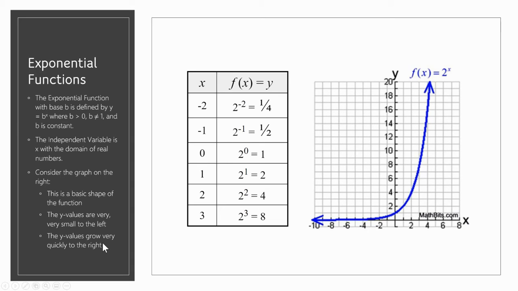But the y values grow very quickly when I go to the right. So if you're at 0 and you go to 3, okay, from 0 to 3, you go from your y value being 1 to 8, okay? And then your next y value would be 16, then 32, then 64. We're climbing off the graph, okay, very, very quickly, okay? So that's what gives us an exponential function.